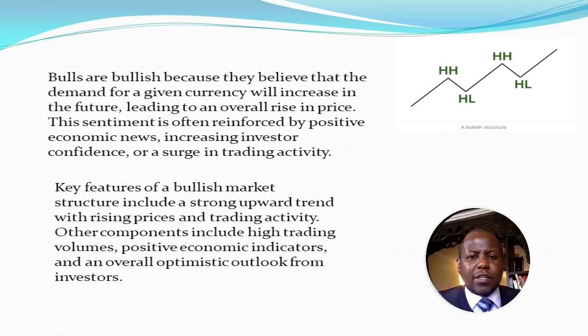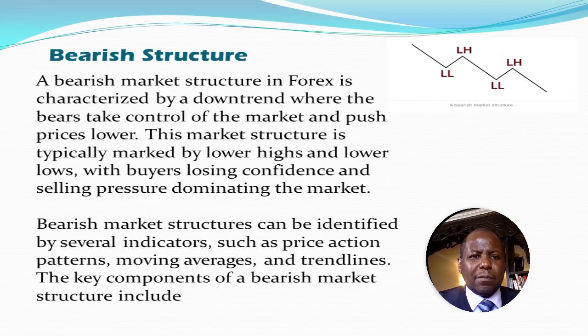If we can just proceed on, still talking about structures, now there's the bearish structure. This is virtually just going to be the opposite of the previous. So a bearish market structure in Forex is characterized by a downward trend where the bears take control of the market and push prices lower.